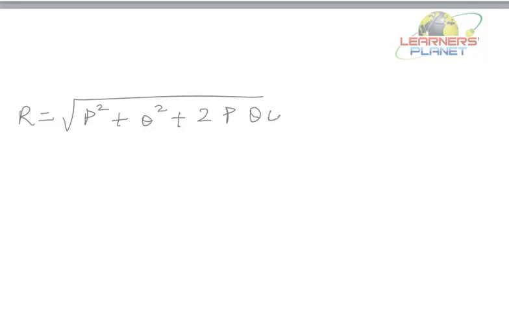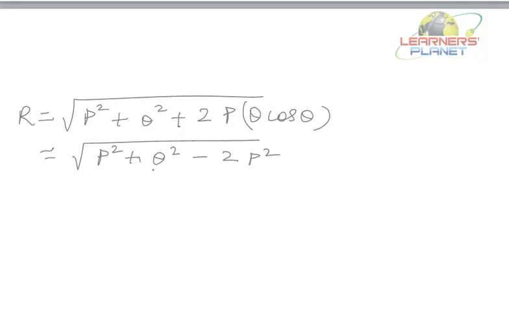So we are getting R equal to the square root of P square plus Q square plus 2 P Q cos theta, and this Q cos theta will be equal to minus P. So the final expression will be P square plus Q square minus 2 P square.